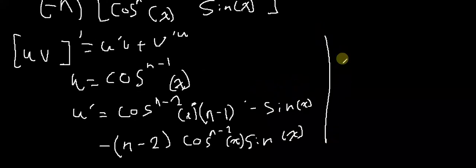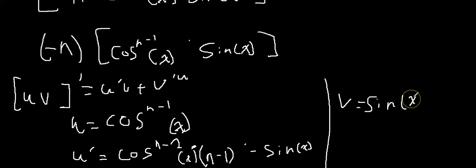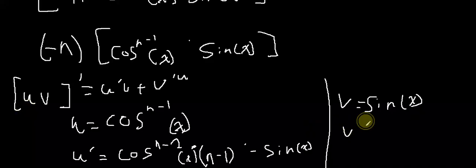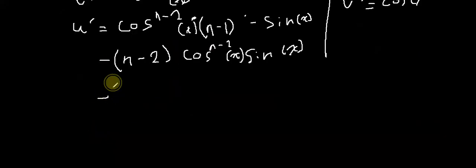And now we can go into the v. So v would be equal to sine x, and the derivative of sine x, if you find it in the data book, is just cosine x. So now we can just apply the product rule. So u prime v would be minus n minus 2.